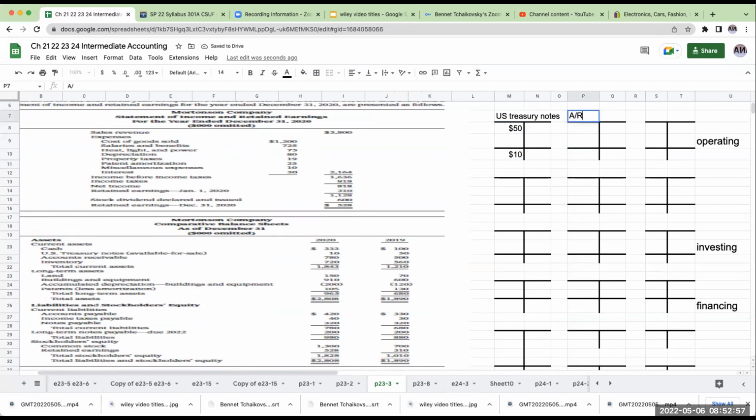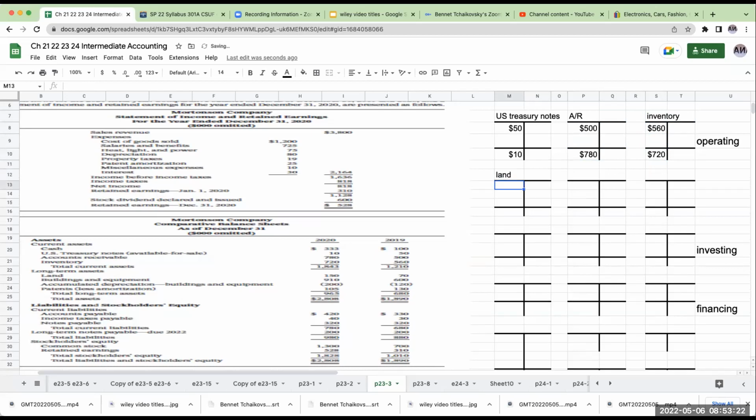We have accounts receivable. Opening is 500, ending is 780. Inventory. Opening is 560, ending is 720.